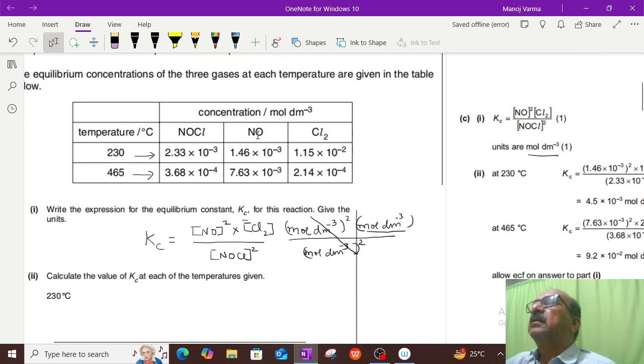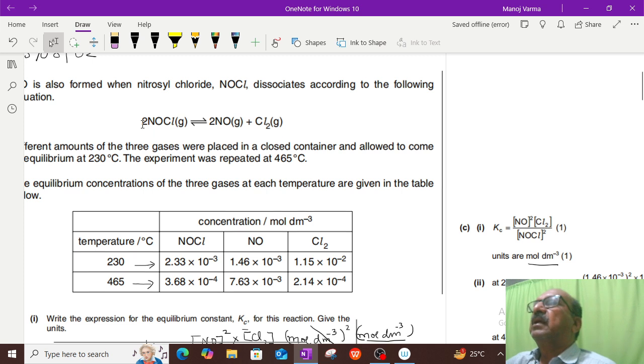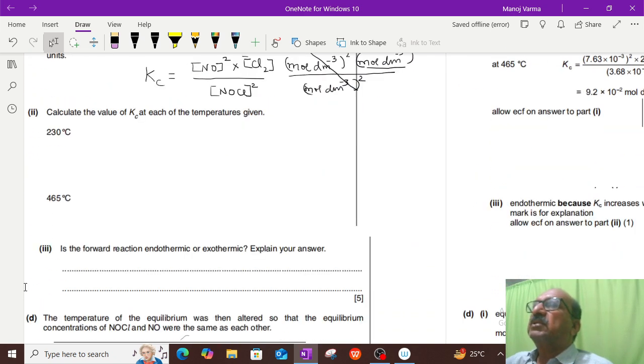In the reaction, there are 2 moles of reactants, but 2 and 1, 3 moles of products. So the number of moles increases in this direction. The equilibrium will shift in this direction when the pressure is reduced. That means the amount of products will increase and the amount of reactant will decrease until a new equilibrium has been established.